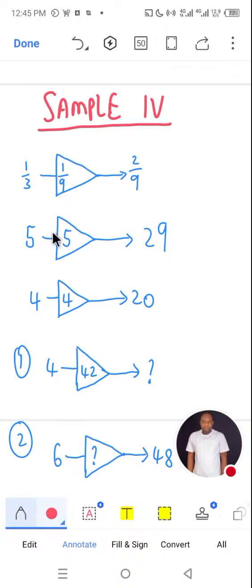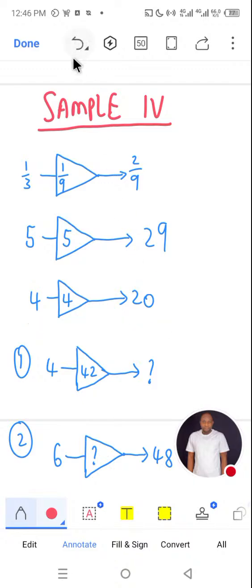Okay, if you do 5 times 5, you get 25. So 25 plus 4 is 29. Okay, but let's try if it will work here. 4 times 4 is 16. You say add 4. 16 plus 4 is 20.